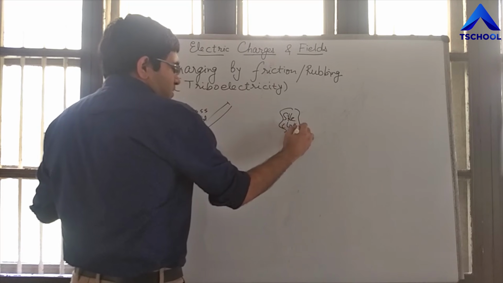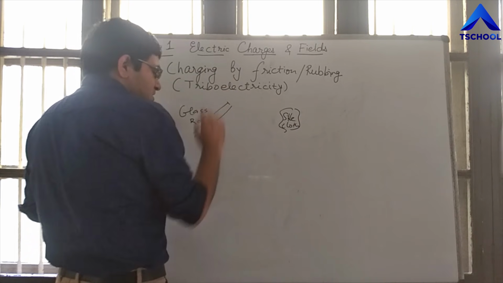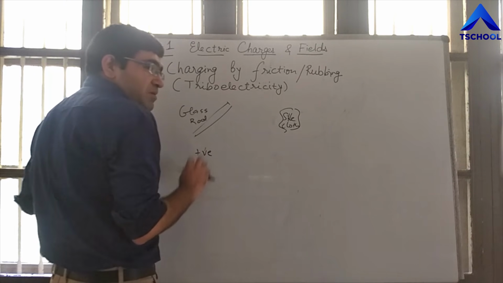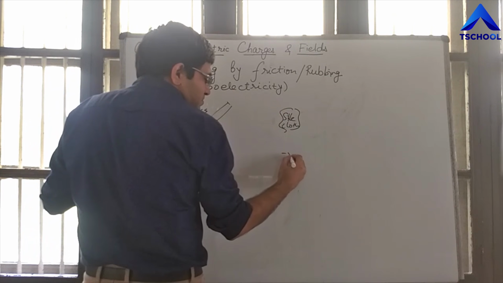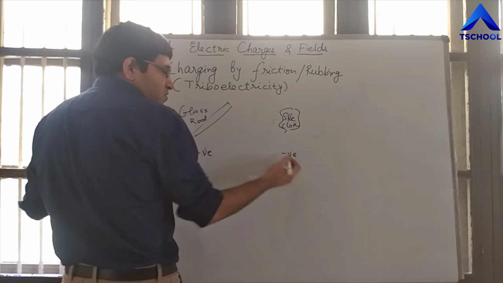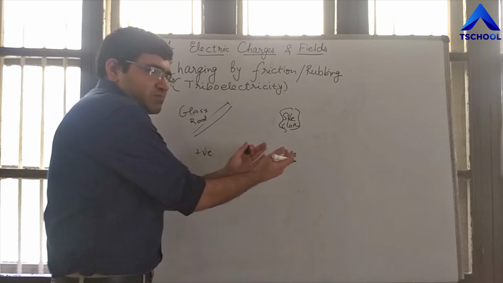When we rub them together, the glass rod gets a positive charge, and the charge that we get on the silk cloth is called negative. So when we rub them, this one becomes positive, that one becomes negative.